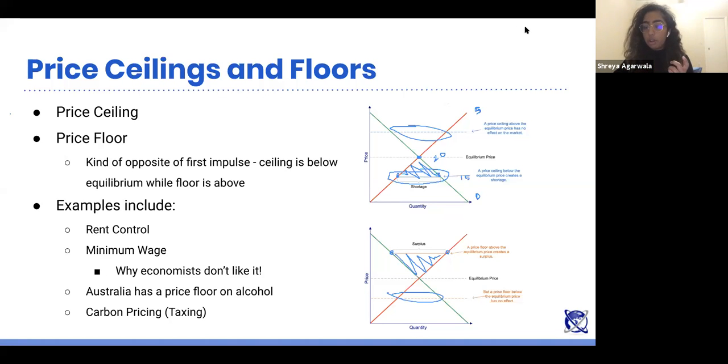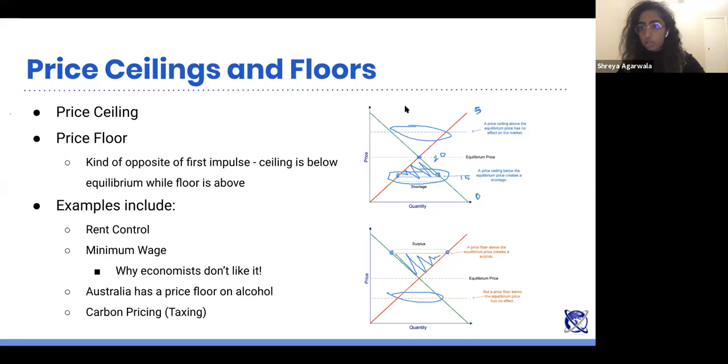This is another example of creating a shortage, because landlords are being forced to charge less for a higher quality apartment, which means those spots are going to go quick. People say, okay, I can afford this rent. If it was at the original price, I probably couldn't, but because of rent control, I only have to pay $15 instead of $20 for rent. That means I can afford to live in this place, so I'm going to pick this apartment.